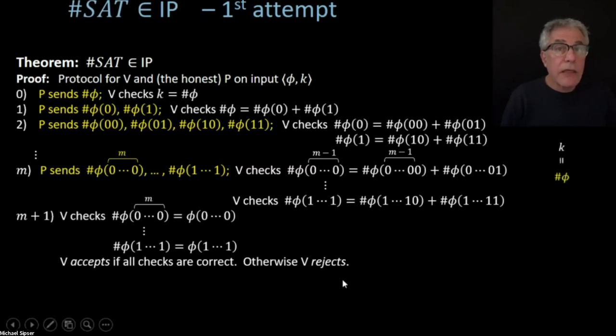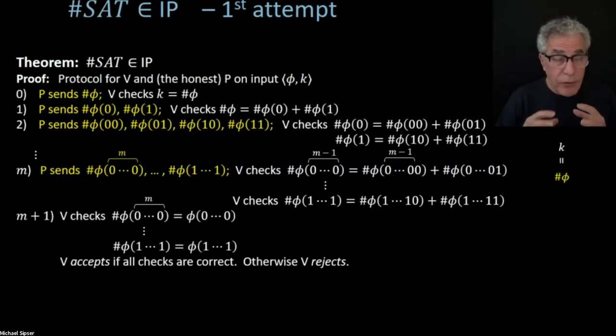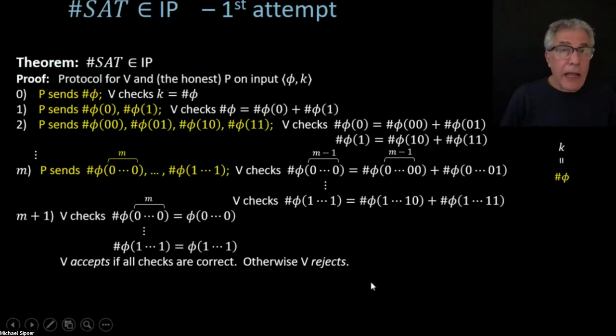Okay, so that is the protocol, the exponential protocol. And I'm not sure if this is helpful to you or not, but I like to think of it sort of as a tree of possibilities. So these yellow values are what the prover is sending. The prover first sends the number of satisfying assignments altogether. The verifier in white is doing these checks.